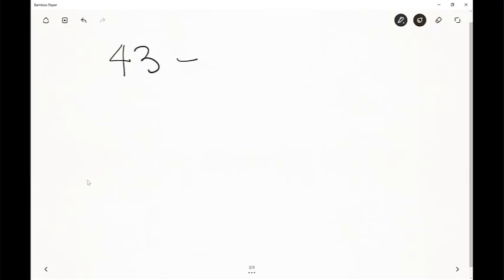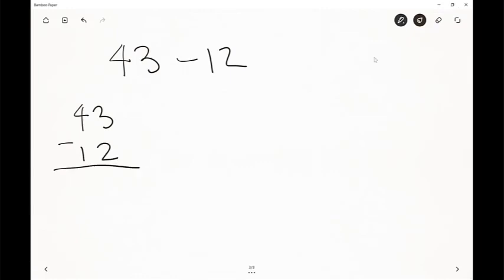Okay, so we've got 43 take away 12 as, let's say, our first question. What I want to show you here is how we can do this. If we're looking at column subtraction here, we would write this out as 43 take away 12. Using the CPA approach, what I would try to do first is have some sort of concrete materials in front of me.